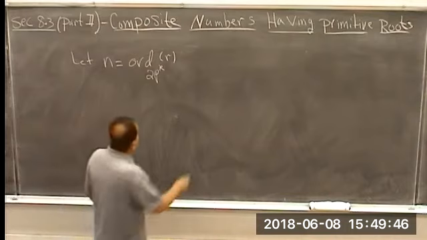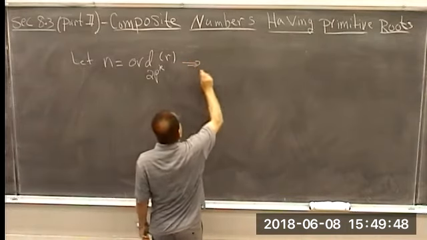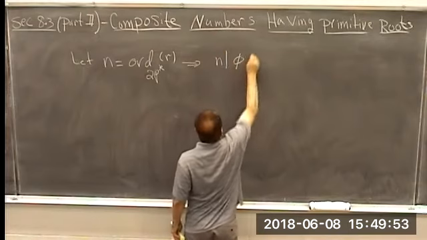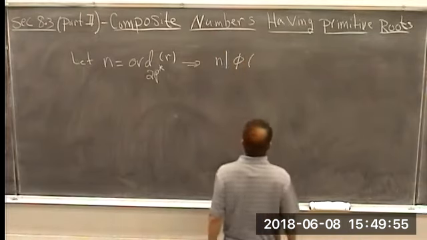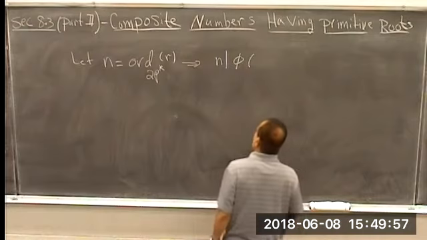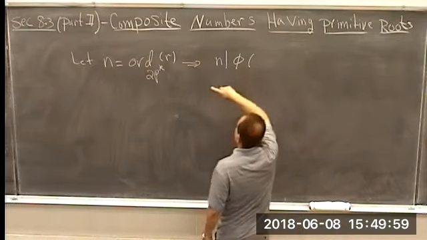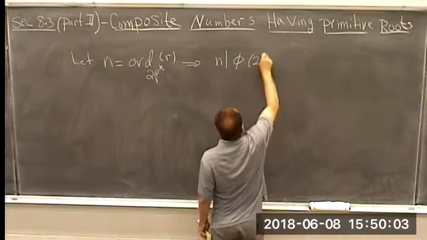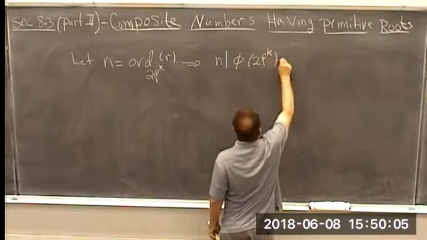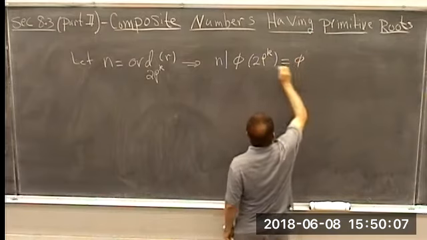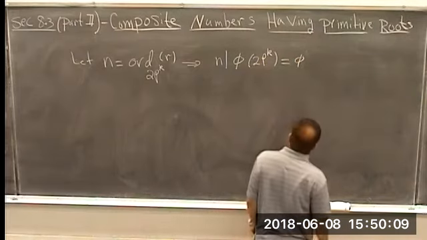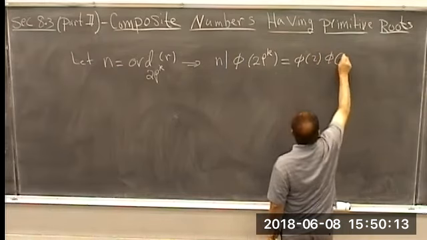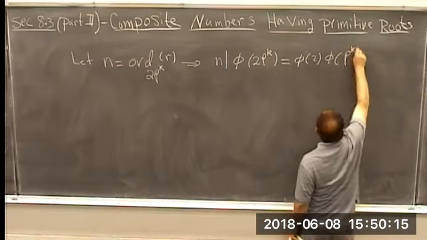This implies that n divides phi of 2p^k. Now this one is equal, because 2 and p are relatively prime and phi is multiplicative, to phi of 2 times phi of p^k.